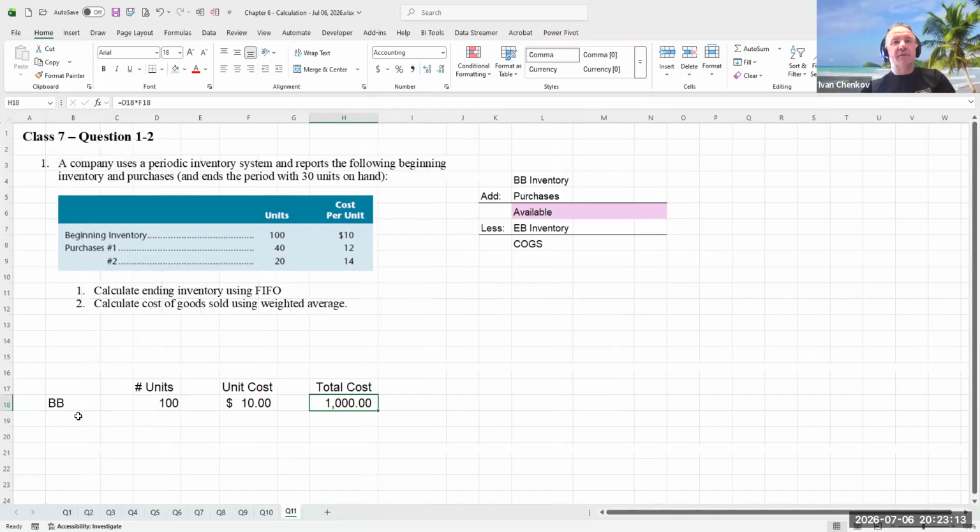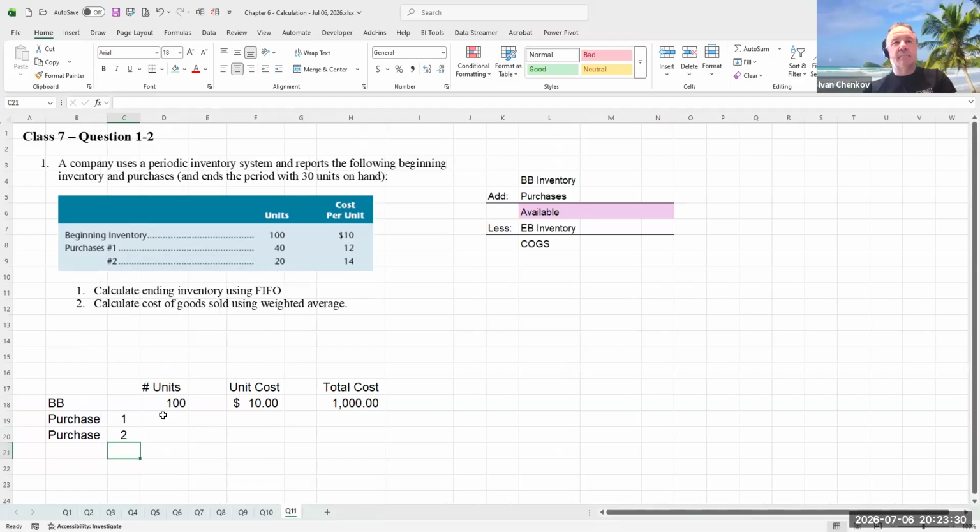We have two purchases. Purchase 1 and purchase 2. Correct? Purchase 1, what did we purchase? We purchased 40 units. What's the cost per unit? $12. What's the total cost?